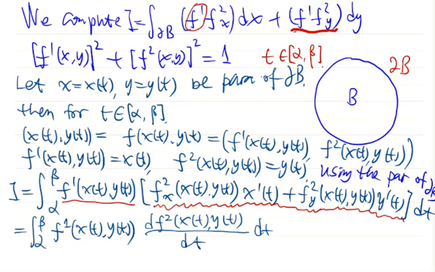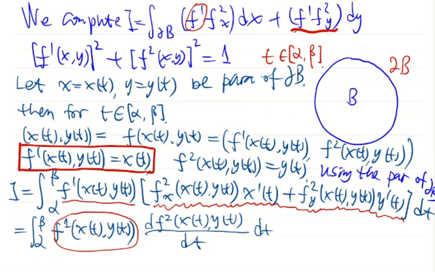But what's f1(x(t), y(t))? As we mentioned, f1 is x(t) here, and f2 is y(t). So this equals the integral from alpha to beta of x(t) y prime(t) dt.